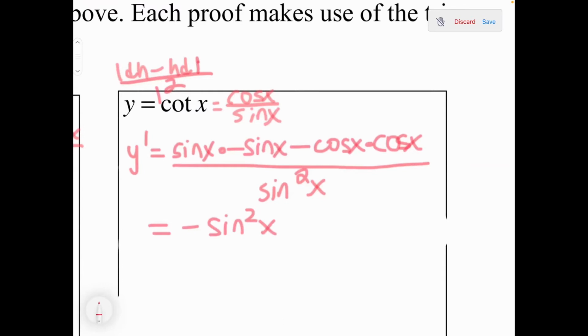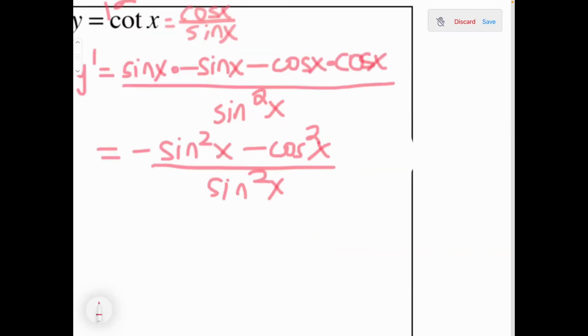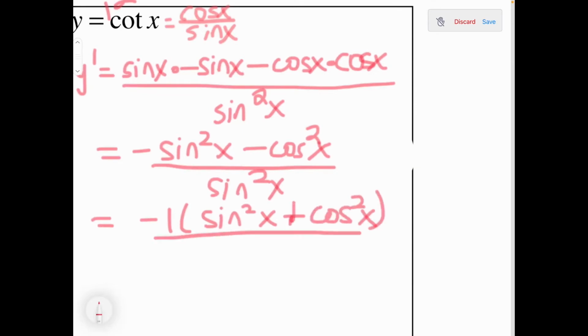Negative cosine times cosine is negative cosine squared. We can factor a negative 1 out of this numerator, so we can use our Pythagorean identity. So negative 1 times sine squared x plus cosine squared x, all over sine squared x.